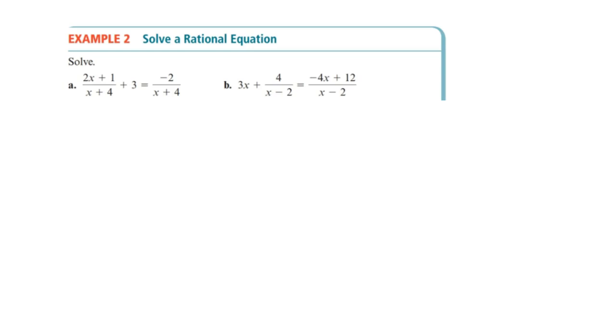Both of these examples are actually pretty simple in terms of finding the LCD, because in this case, we only have one denominator. Well, we have two denominators for A and two denominators for B, but they're the same thing.